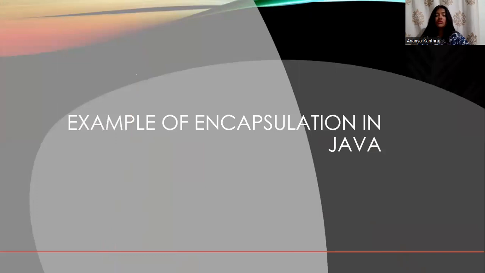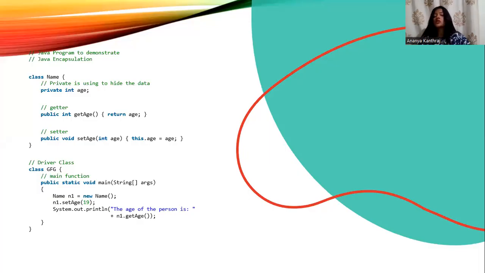So let us look into an example of encapsulation in Java. First, we are using the comment statements to describe what steps we are taking in order to implement the code. The first is a Java program to demonstrate Java encapsulation. First you write the class name with the open braces.